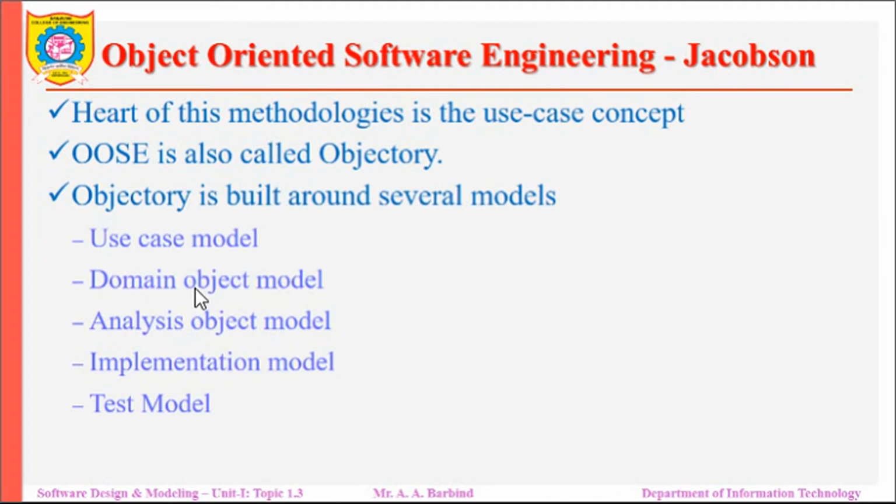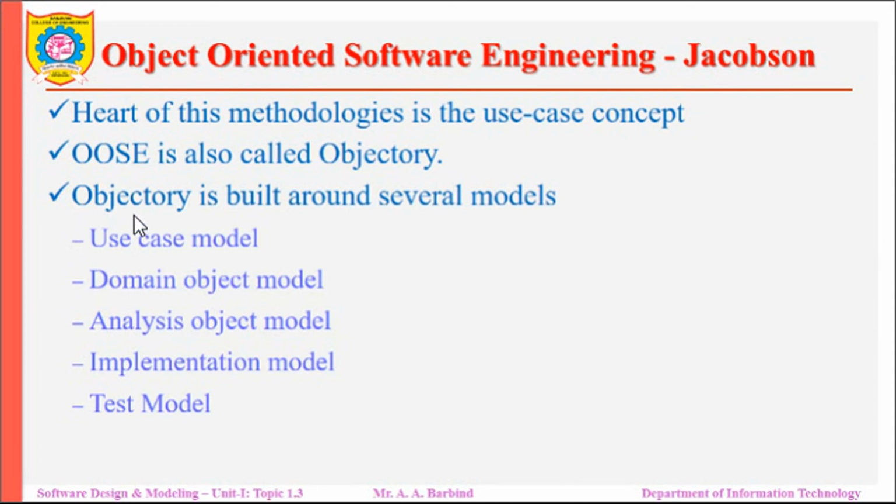So it has a use case model, the domain object model, analysis object model, and implementation model, test model. So these were the different models that were proposed by Jacobson in his methodology, which is called object-oriented software engineering.